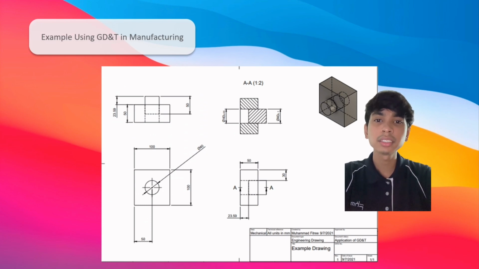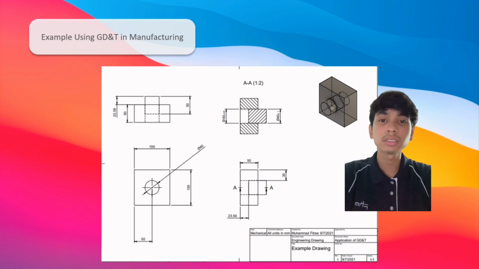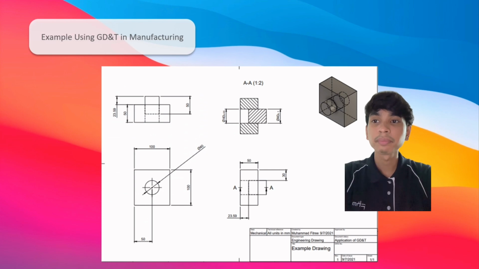So in the industry, these blocks cannot be perfectly the same in diameter, so that's why we must add a tolerance. Firstly, the tolerance of the block is about plus minus 0.5 and the tolerance for the cylinder block is plus minus 0.1 mm. So that is how we use it.